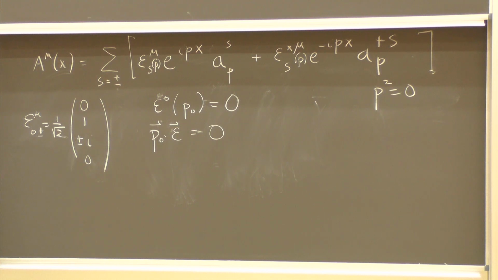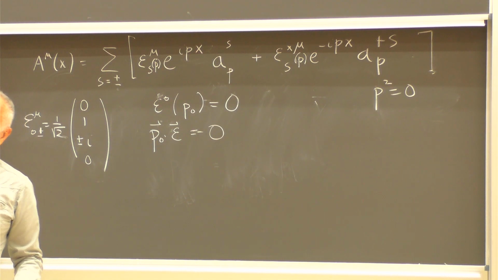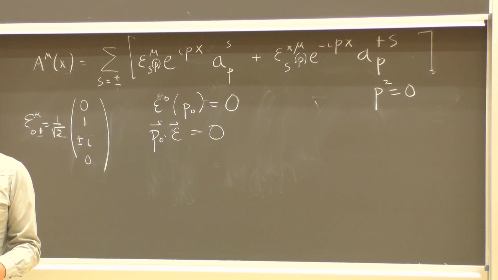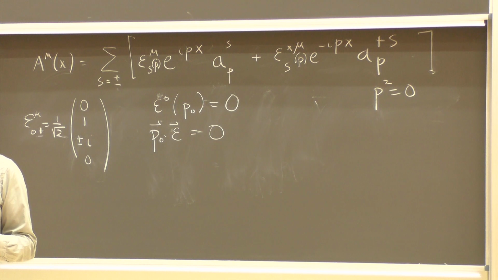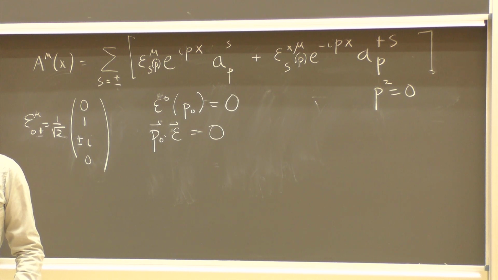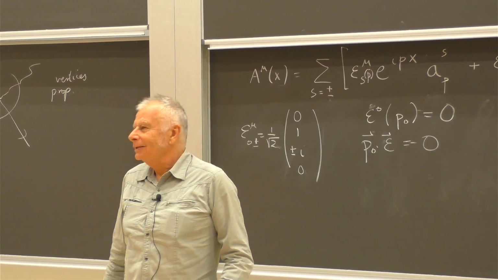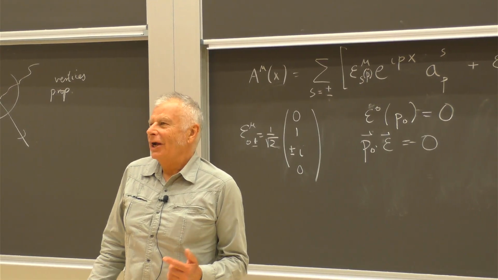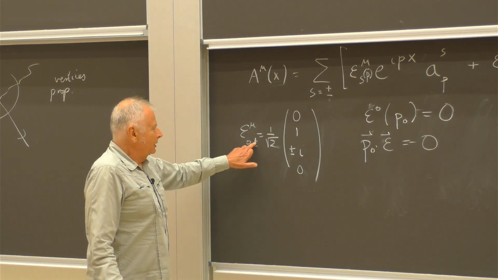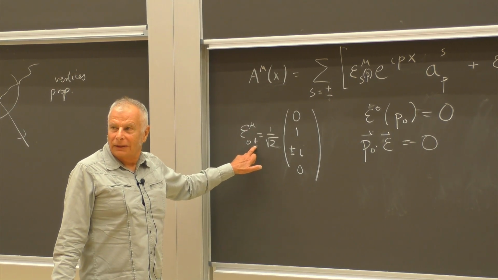Now, one way to convince yourself that it describes a polarized electromagnetic wave is to compute the electric and magnetic fields, and you will see that it's indeed a polarized wave in which the electric and magnetic fields are spinning to the left or right direction depending on the helicity plus or minus 1.